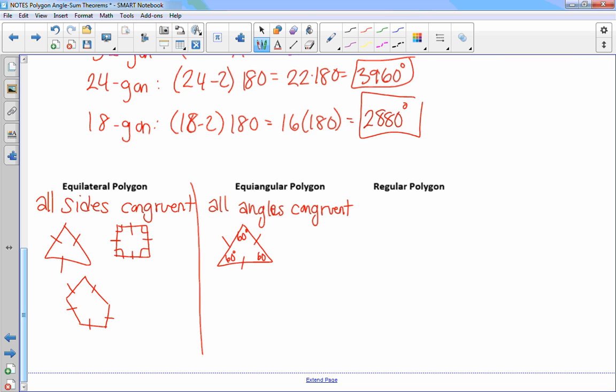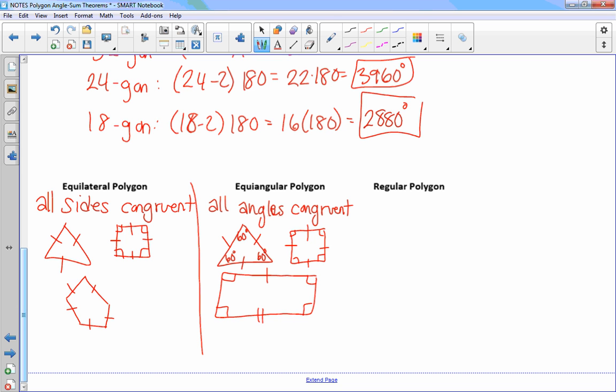Let's move up to a four-sided quadrilateral. There are many four-sided quadrilaterals that have all equal angles. A square. Does it have to only be a square? We could also do a rectangle. Are squares also rectangles? Are all rectangles squares?